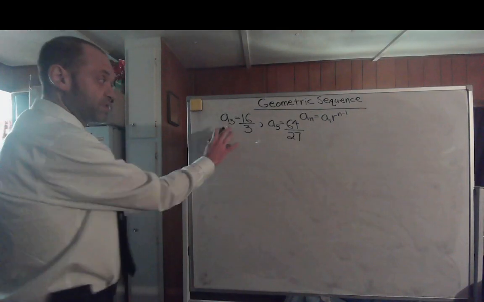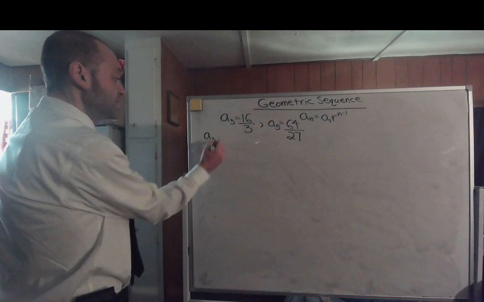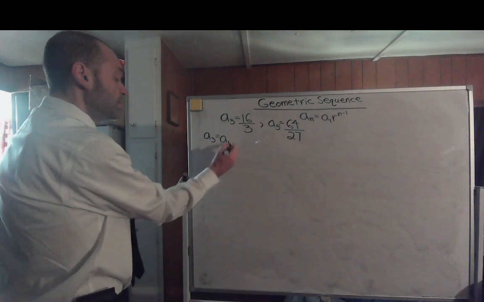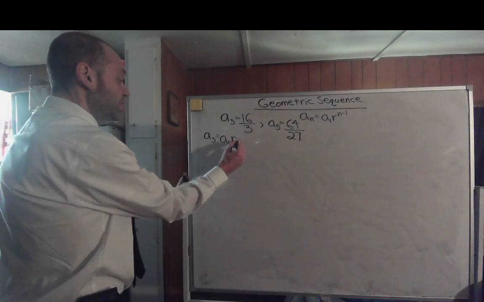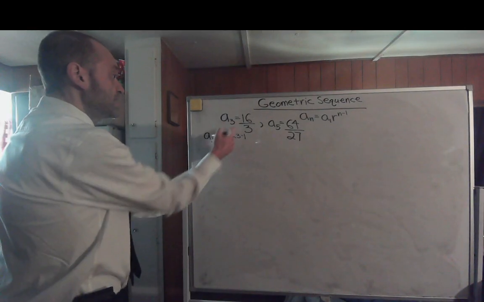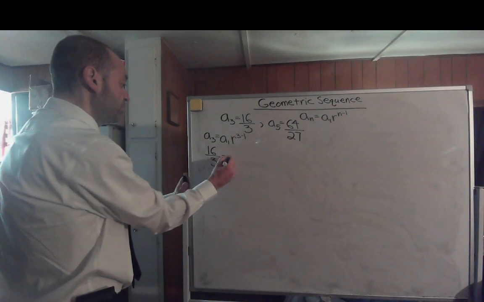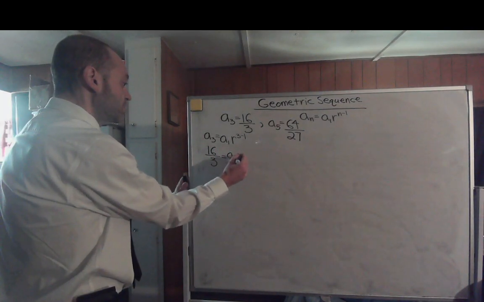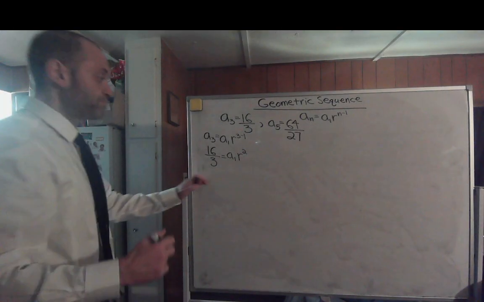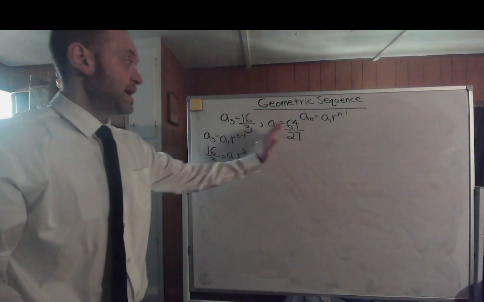So let's start with the third term. That means a sub 3 is going to equal my a sub 1 times my common ratio to the 3 minus 1 power. Well, a sub 3 was determined to be 16/3. That would equal my a sub 1 times r to the second power. Now we need to set up this formula for a sub 5.